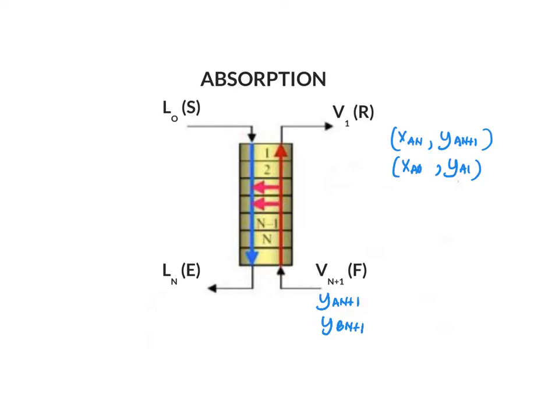In the neighboring stream, the extract stream that we have, the extract majority consists of the solute, which is XAN, and it consists of the solvent that you use, which is XCN.